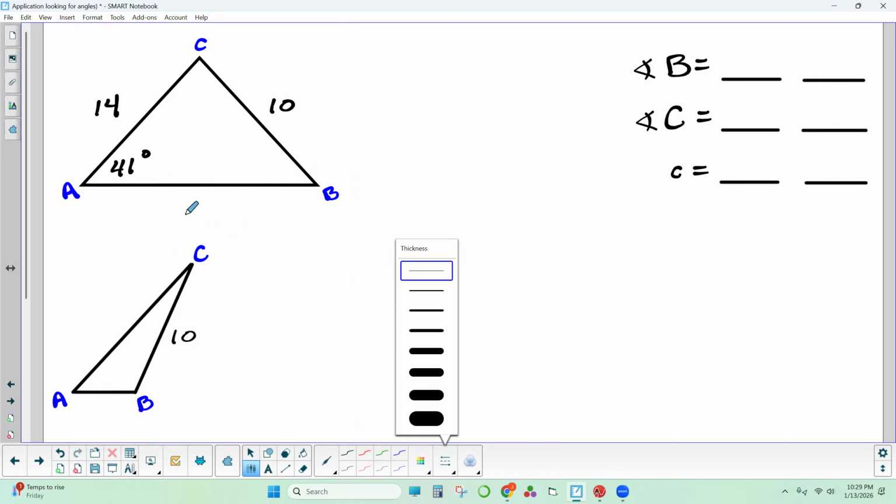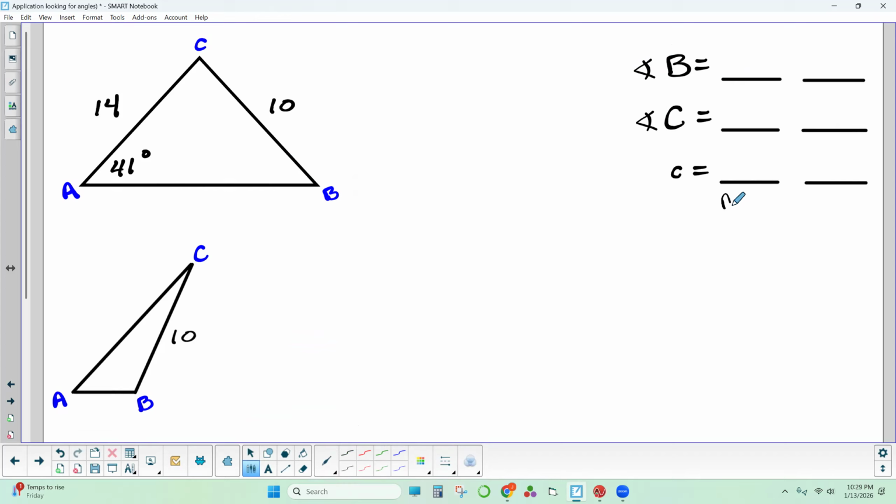So what I'm going to do first is use the law of sines and find my missing pieces here. Now, you'll notice that we're looking for angle B, angle C, and side C, and I've got two blanks next to each. So we'll call the first one our acute triangle, and this will be our obtuse triangle. Okay? So here we go.